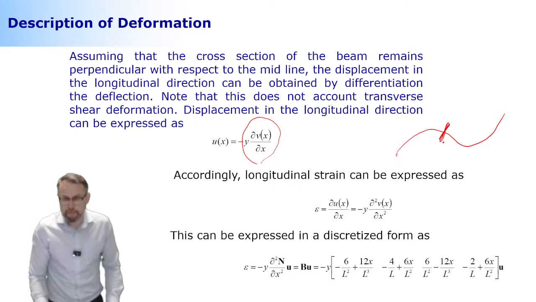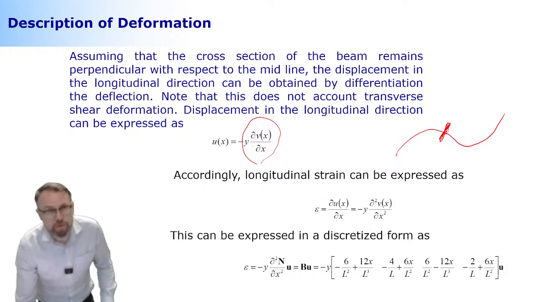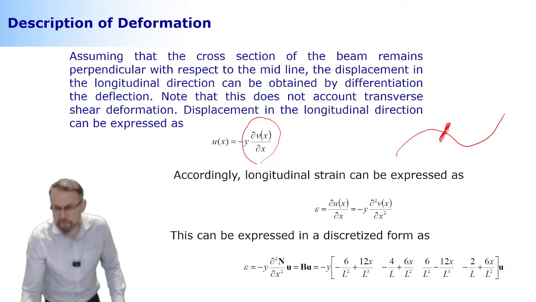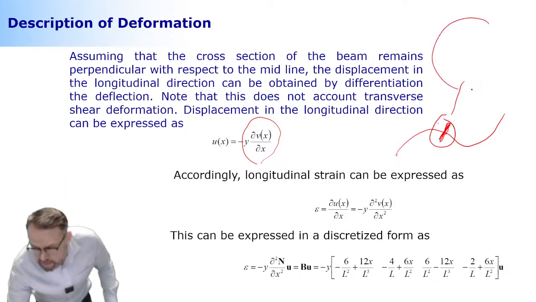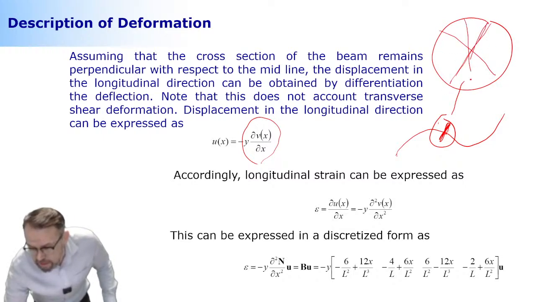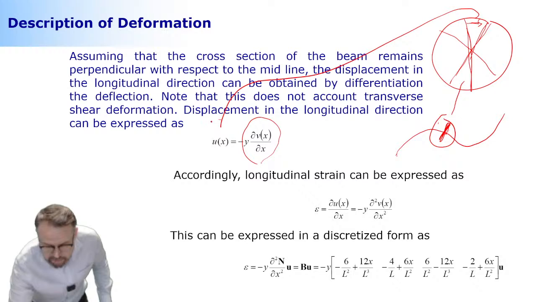Now this is telling you that the further you go off from the midline, the bigger your strain, if it is non-zero. Let me make a magnification here. So the situation is like this. Here's your midline, this is your cross section, original is here, and this is a displacement. This guy.